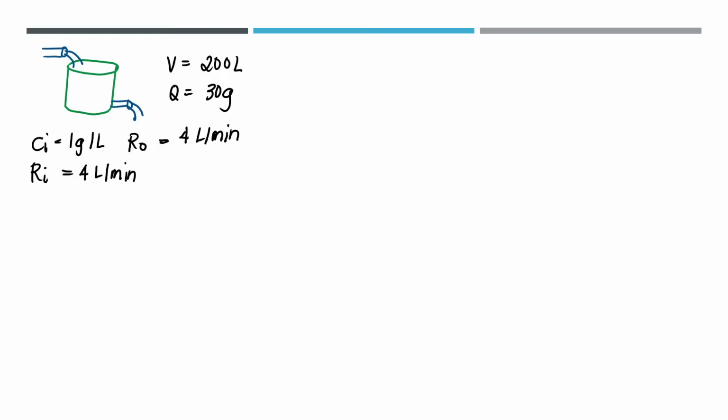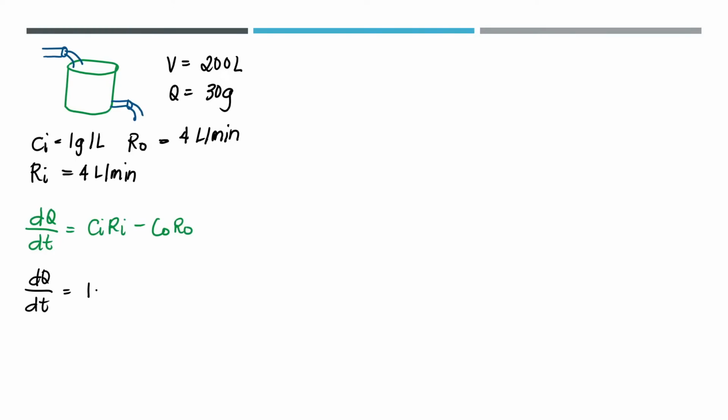Okay, so let's now try to model. We have already obtained the values we need. So we have dQ over dt, which is equivalent to CI RI minus CO RO. What is our CI? That is 1 gram per liter.